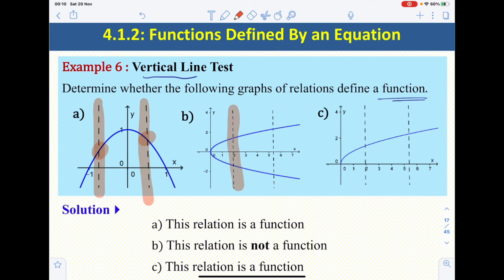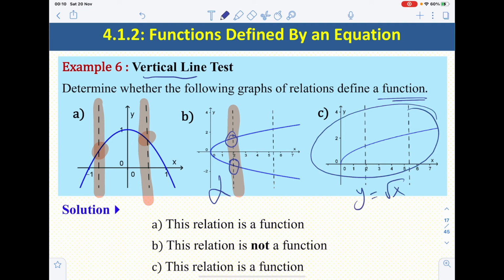But for B, the vertical line intersects the graph in 2 points, which is not accepted. This function is y equals root x. We can see that the vertical line intersects the graph in exactly 1 point, so it is a function.